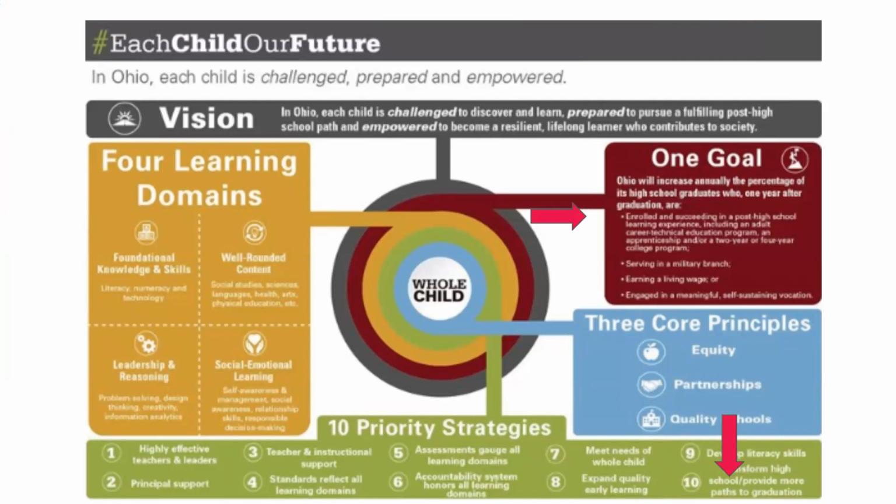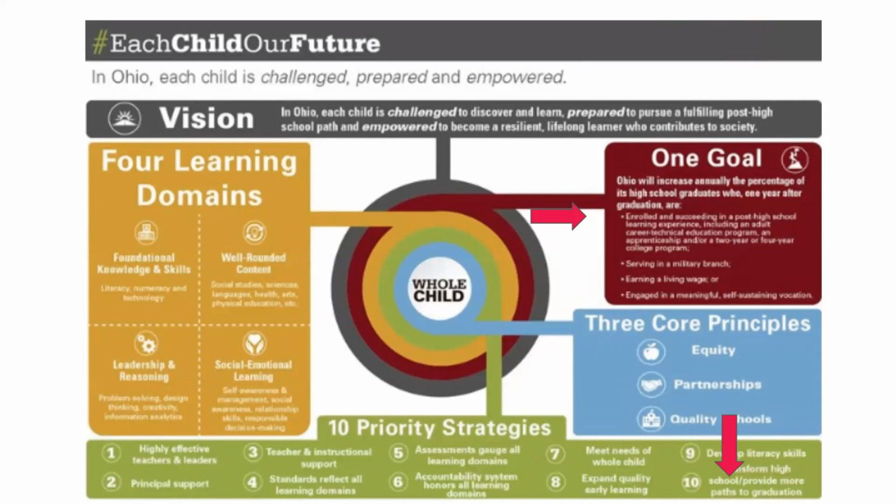Okay, so we always start out with Ohio's strategic plan, Each Child, Our Future, which really does relate very closely to what Indicator 1 and 2 are all about. Our one goal is to ensure that our graduates, all graduates, but for our purposes, students with disabilities, are graduating ready for whatever that next step might be in their life.